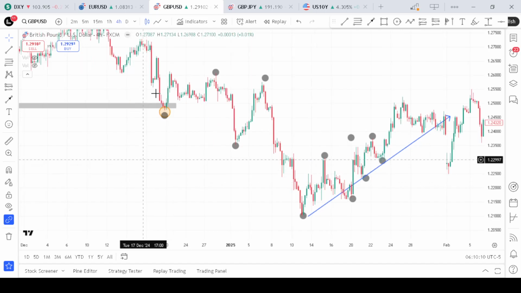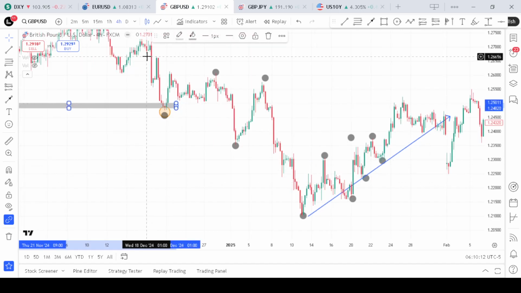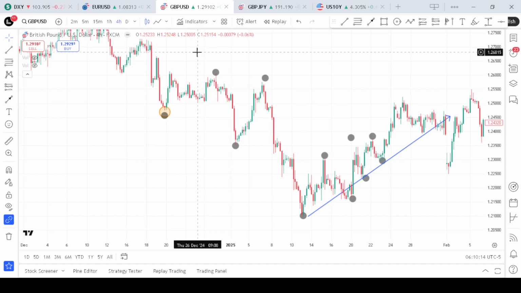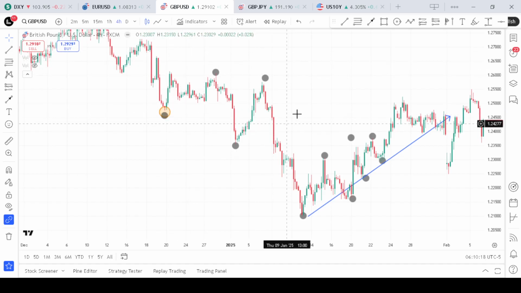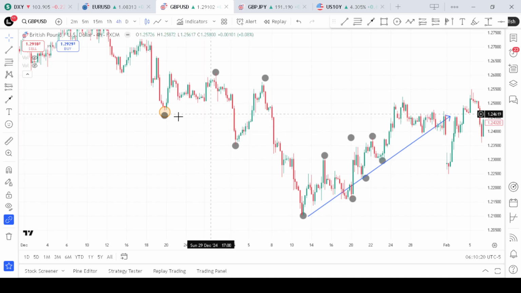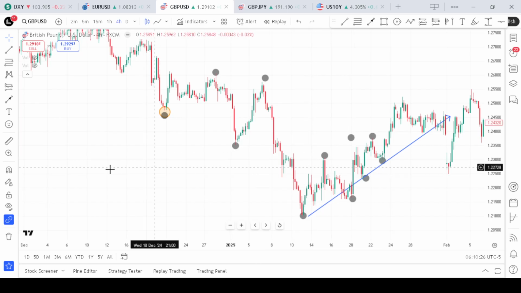To identify a swing point in the market, we look for a recent swing high and low in the chart. As we can see, these are swing highs and swing lows on the chart that I've marked out.